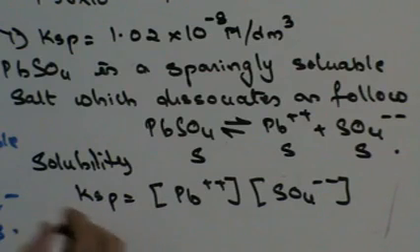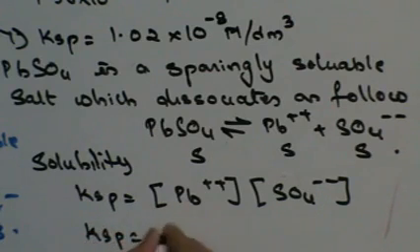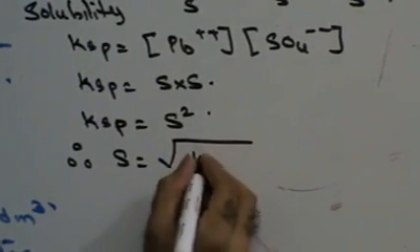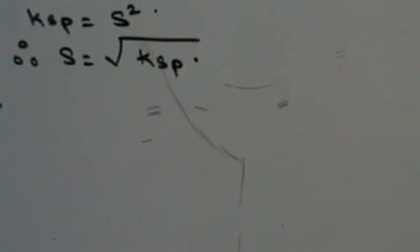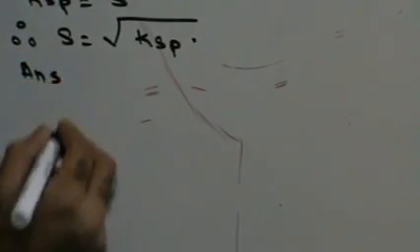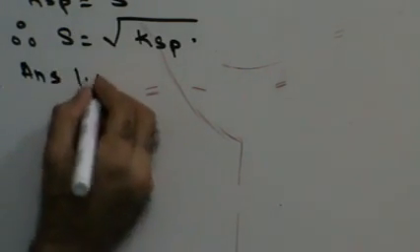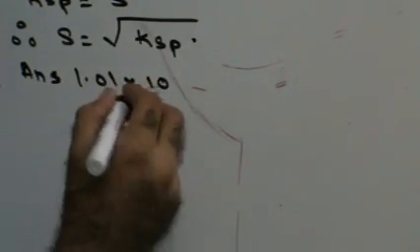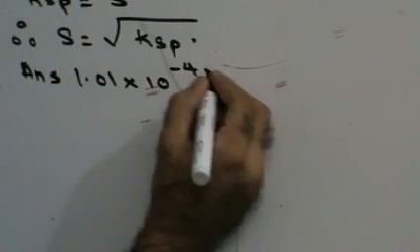So I can therefore say that Ksp is S into S. Ksp is S square. Therefore I can say S is square root of Ksp. You should get your answer, solubility. The answer for this should come out to 1.01 into 10 raised to minus 4 moles per decimeter cube.